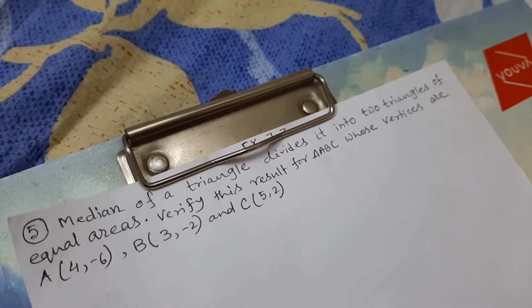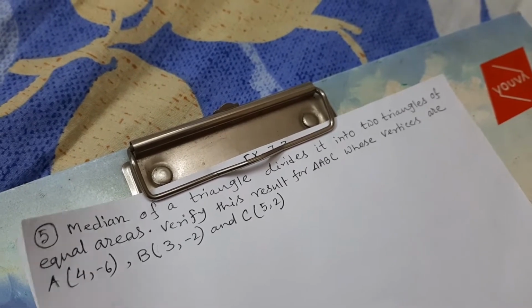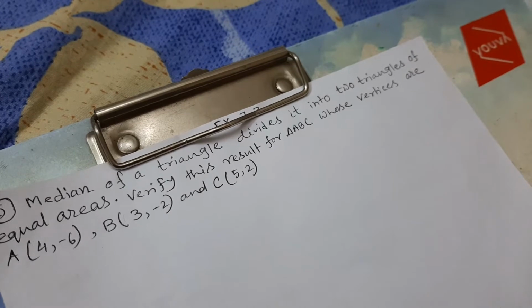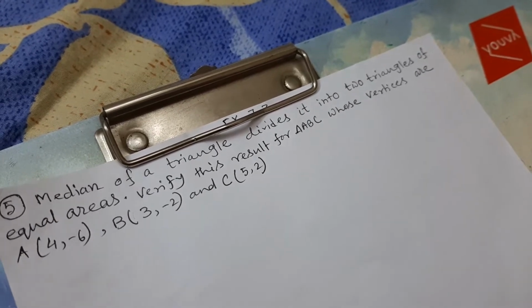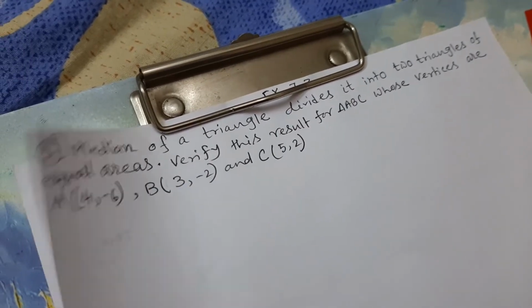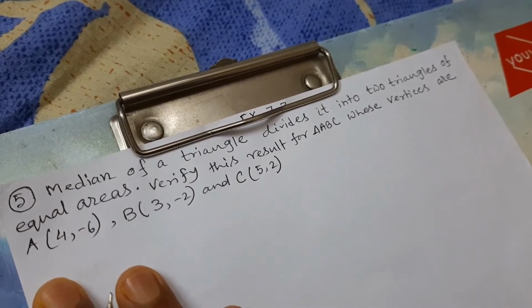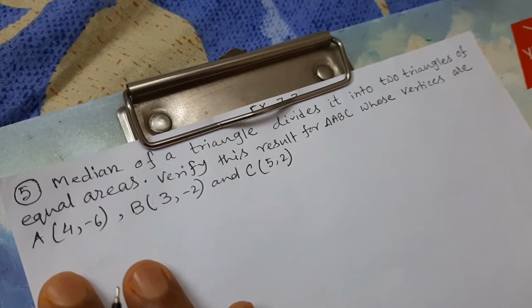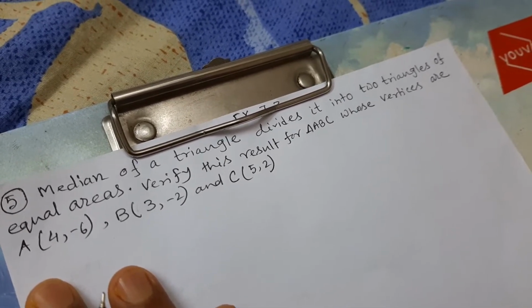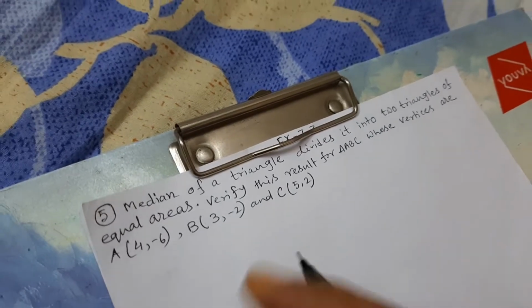Medians of a triangle divide it into two triangles of equal areas. Verify this result for triangle ABC whose vertices are A (4, -6), B (3, -2) and C (5, 2). You have to prove this. Okay, start now. Solution.